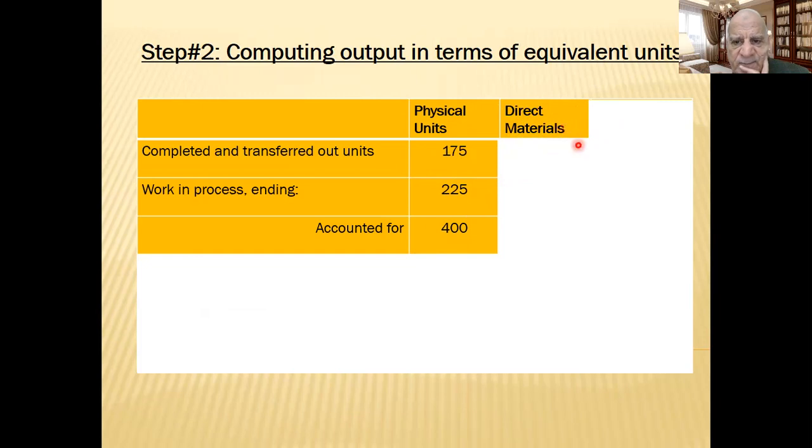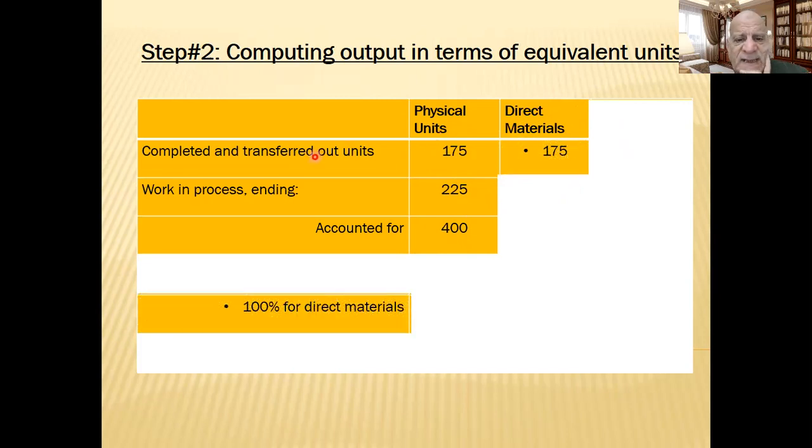So let us have the conversion, the converting these units. Direct materials. As for the direct materials, the completed units equals 175, the same, because they are 100%, as you see the note now here, 100% for direct materials.